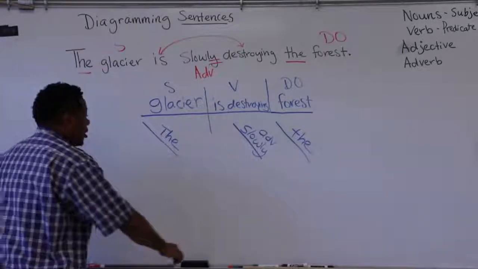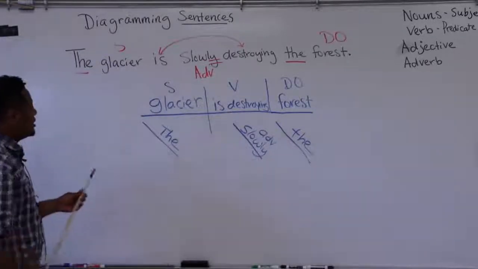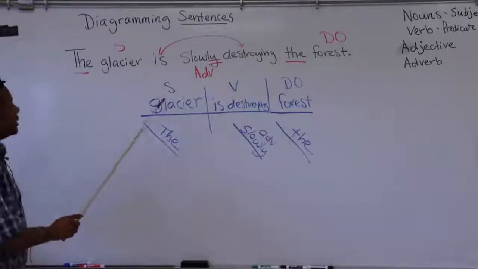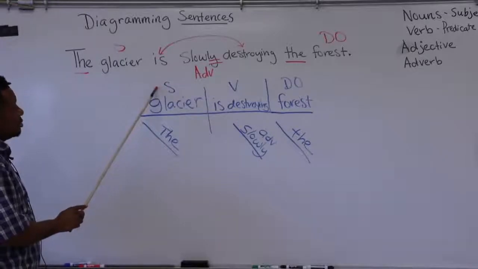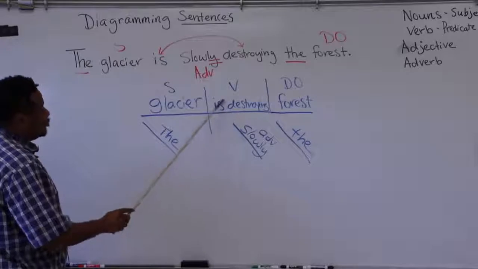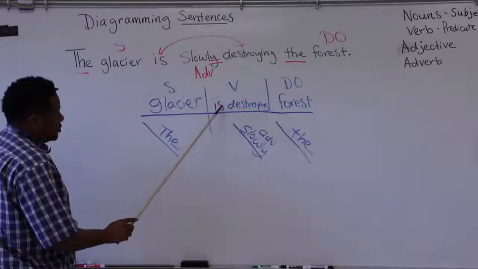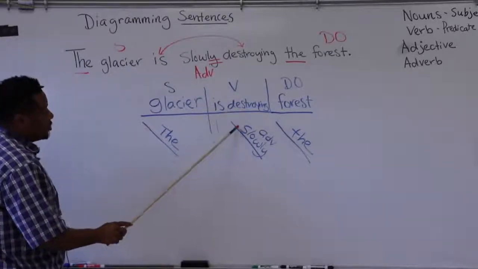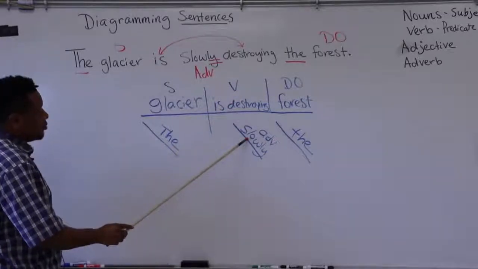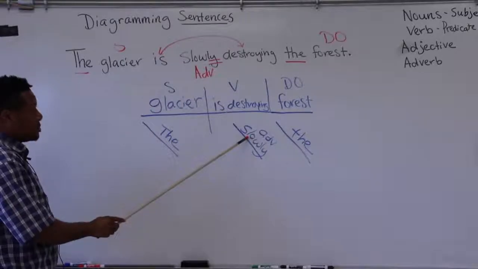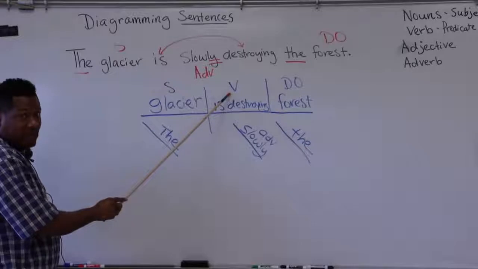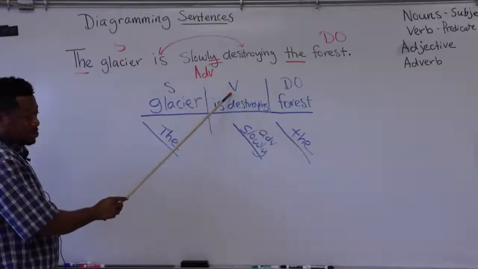So this sentence would read like this: the, which is an article, glacier, which is the subject, is slowly destroying. Is destroying is the verb. Slowly is modifying is destroying, which is an adverb, because remember, adverbs modify verbs or other adverbs or adjectives.